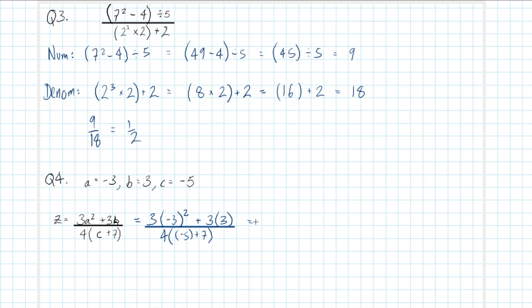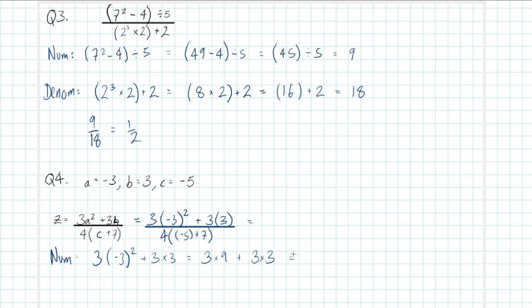So we can just look at the numerator again. The numerator is 3 times minus 3 squared, plus 3 times 3. So minus 3 squared, as we've said, is 9. So 3 times 9 plus 3 times 3, which is 9.